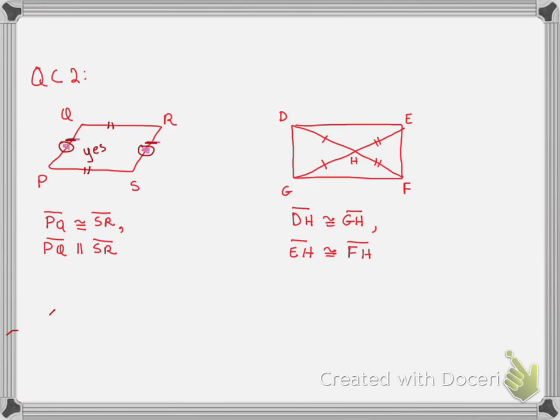If EG is cut in half, they would either both have one tick mark or they would have two tick marks. In this particular instance, DF does not cut EG in half because GH and EH are not the same length. So that is not a parallelogram because the diagonals do not bisect each other.